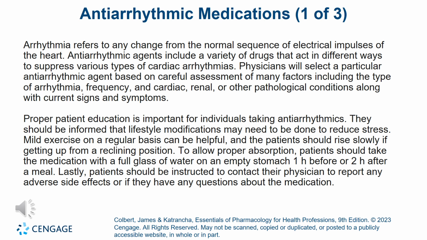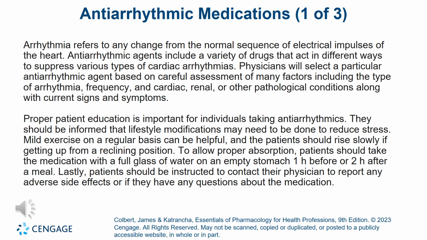Antiarrhythmic agents include a variety of drugs that act in different ways to suppress various types of cardiac arrhythmias. Physicians will select a particular antiarrhythmic agent based on careful assessment of many factors, including the type of arrhythmia, the frequency, and cardiac, renal, or other pathological conditions, along with current signs and symptoms.